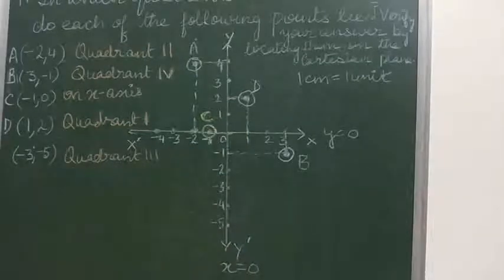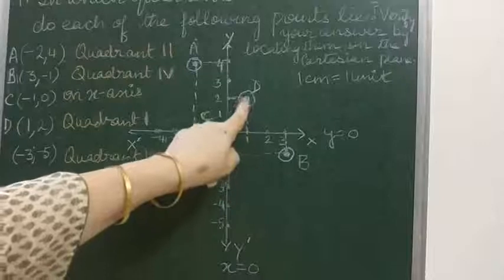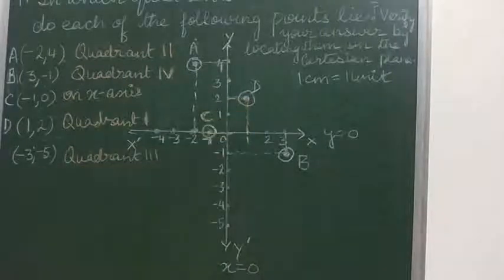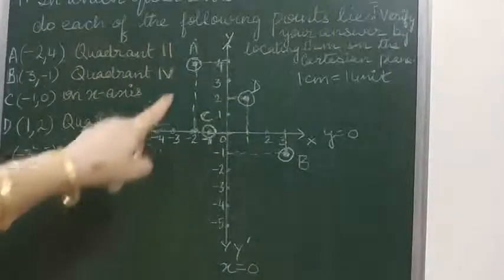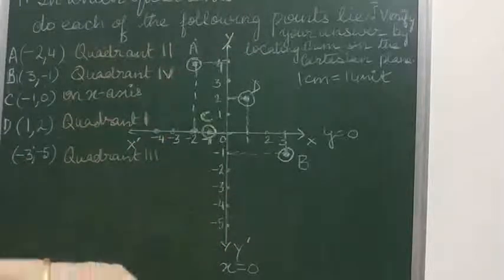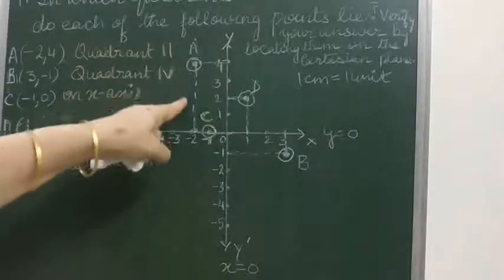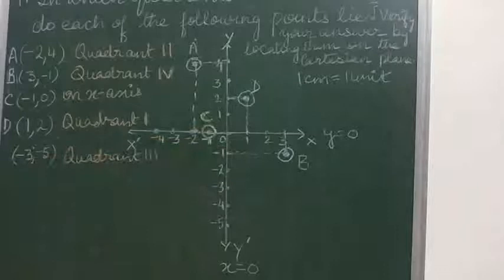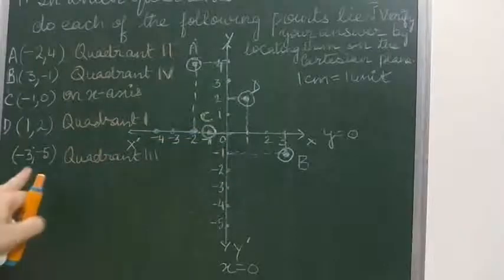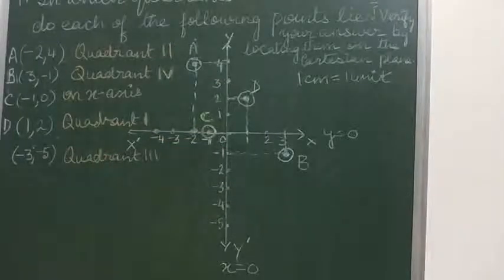So you need not draw them, you can directly move along the lines and get the point there, right? Because I am not drawing it on graph paper, that is why you are seeing these dotted lines.